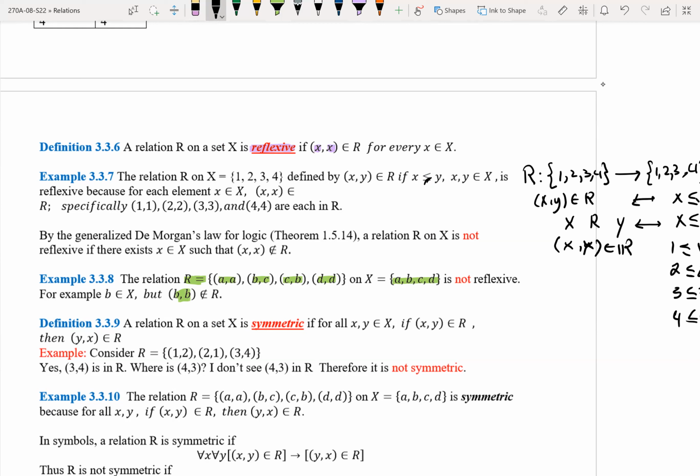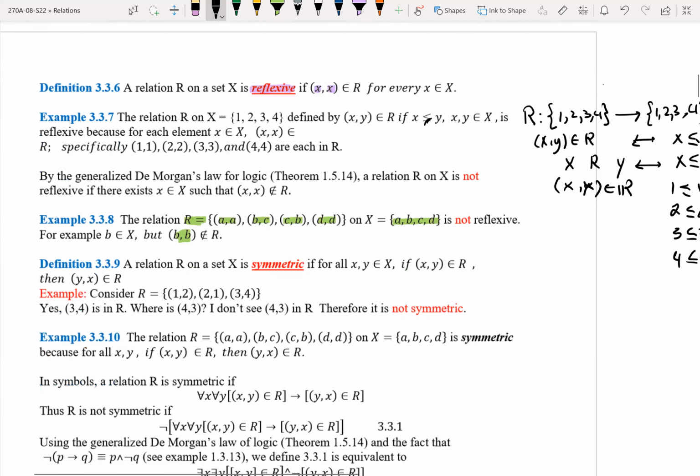So that equality is required to be reflexive. Make sense? For every element, whichever domain you choose, you must have each element related to itself: A by A, B by B, C by C, D by D. If it's numbers, 1 by 1, 2 by 2, 3 by 3, 4 by 4. Okay?